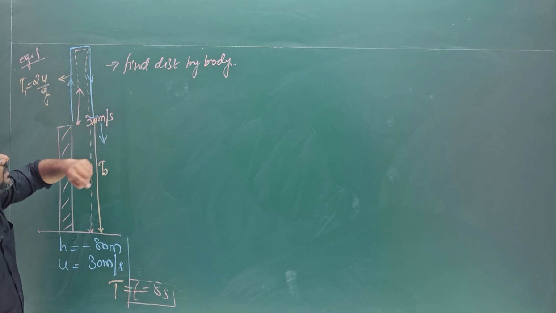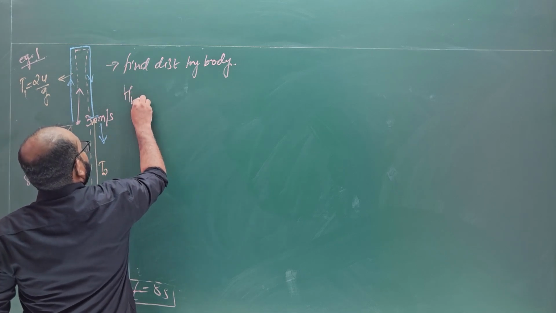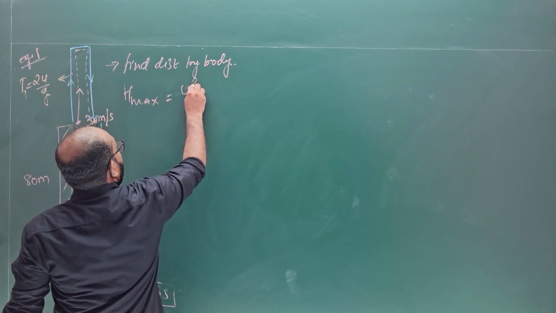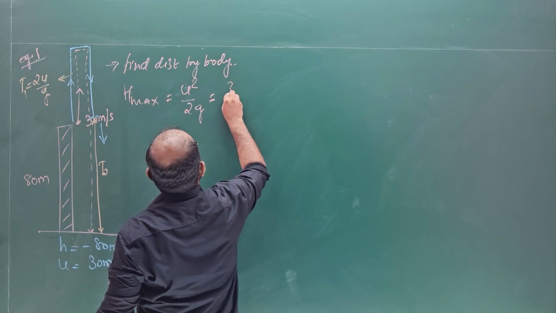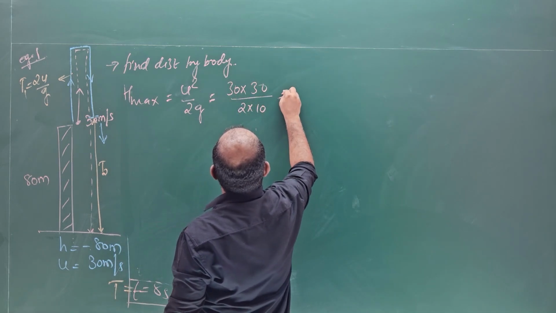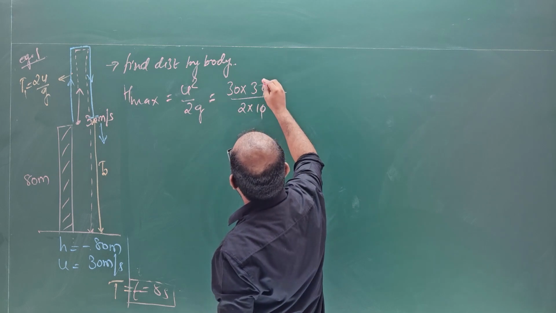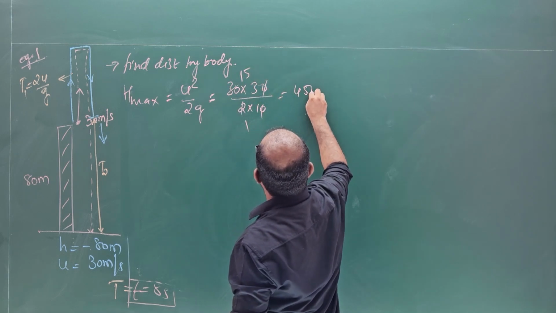Now let's find the distance traveled by the body. So calculating h max, the ground to ground h max formula is u square upon 2g. So h max is nothing but u square upon 2g, where u is the initial velocity 30. So 30 into 30 upon 2 into 10, that is nothing but 2 ones are 2, 15, 3 is 45 meters.